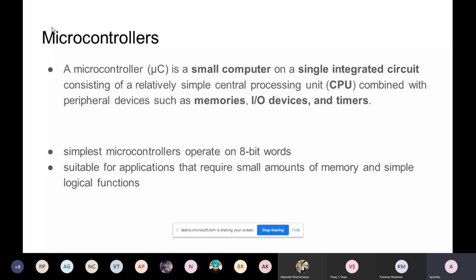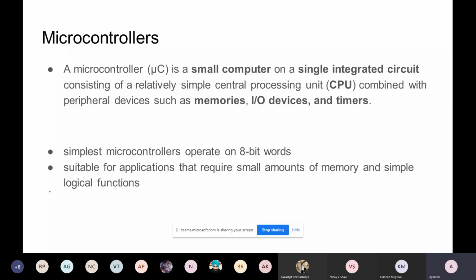So we know that there are different kinds of embedded processors. One is very common to you. The first one is a microcontroller, which is a small computer on a single integrated circuit, and which consists of a CPU. Of course, that is a simpler CPU compared to general purpose heavyweight computers. And associated with it, we have memories, I/O, and timers.